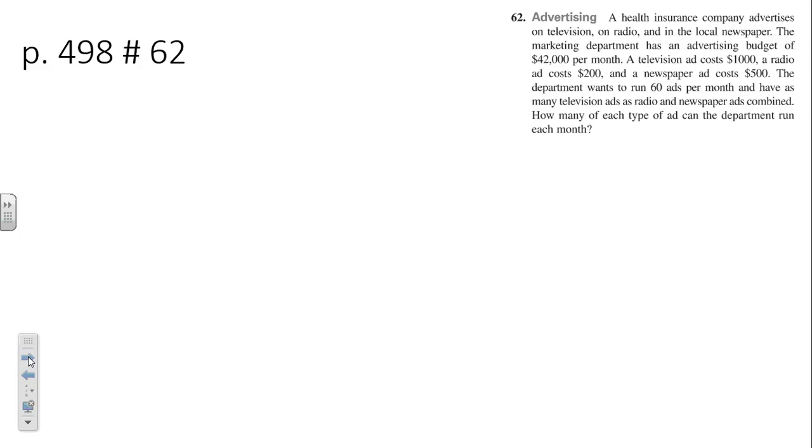Okay? We have an advertising budget. We have a health insurance company that likes to advertise on TV, radio, and newspaper. They have a marketing budget of $42,000 per month. Television ads cost $1,000. Radio ads cost $200.